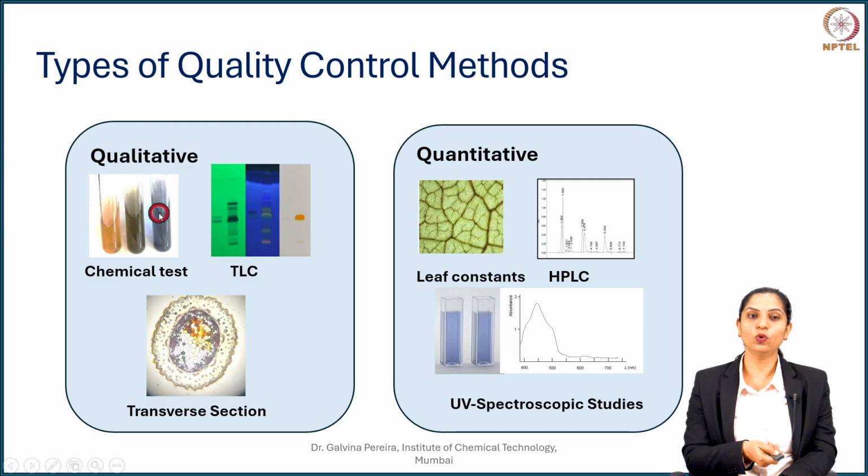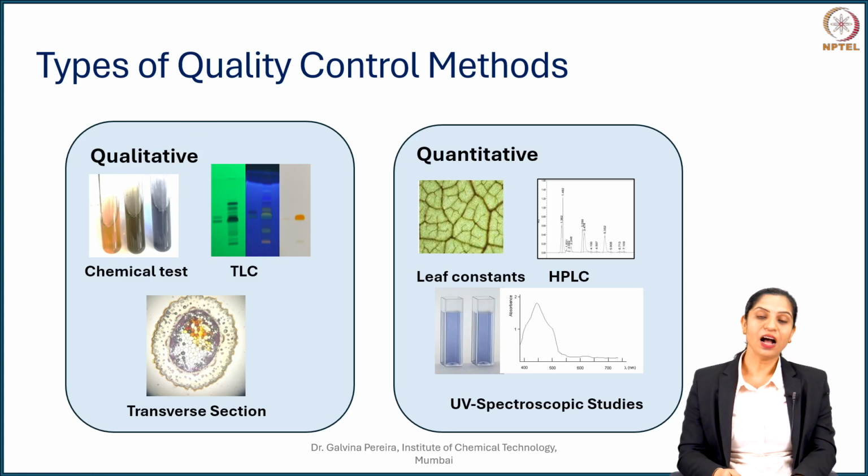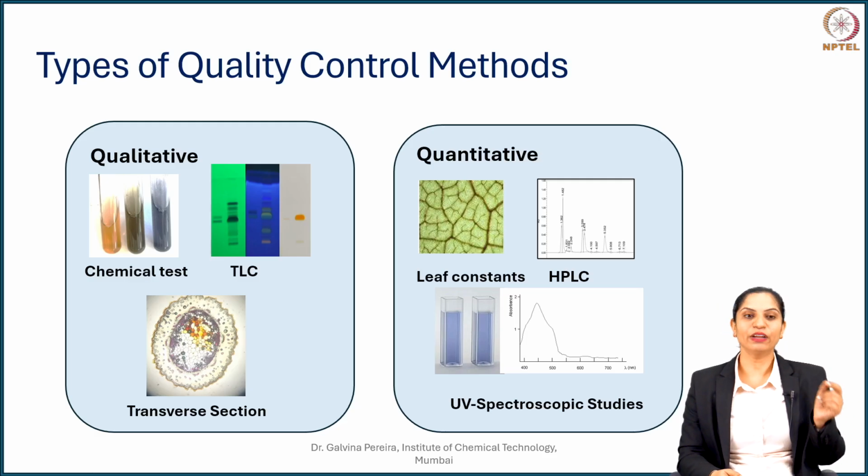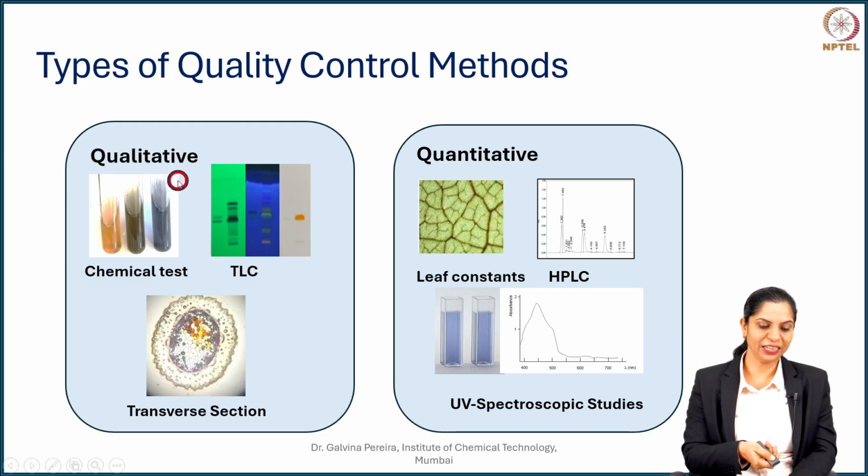Suppose I get a blue color, I know that the drug is rich in hydrolyzable tannin. So, say for example, amla. Amla is rich in hydrolyzable tannins, and if I treat my amla extract with ferric chloride, I should get something like this, a bluish coloration. Instead of blue, if I am getting a green coloration, that means it's not amla, it's some other herb.